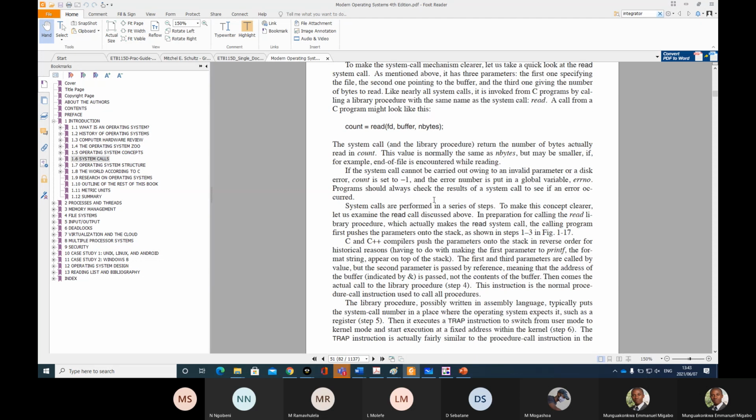In languages such as C and C++, compilers push the parameters onto the stack in reverse order. So most of these programs are little endian, meaning they push the data onto the stack in reverse order, starting with the least significant bit going towards the most significant bit.